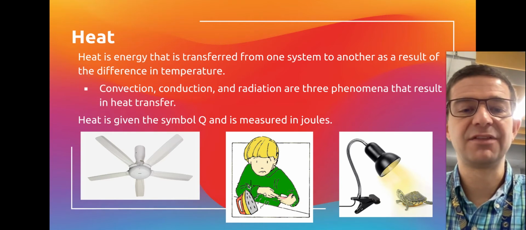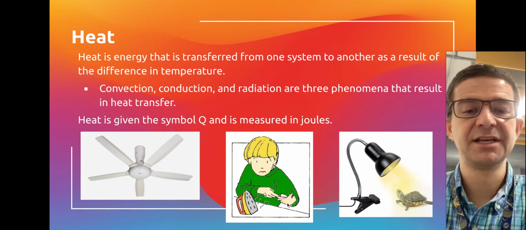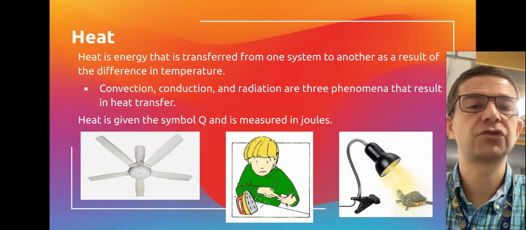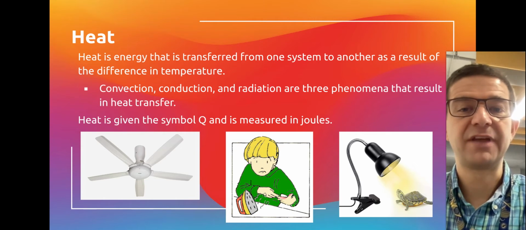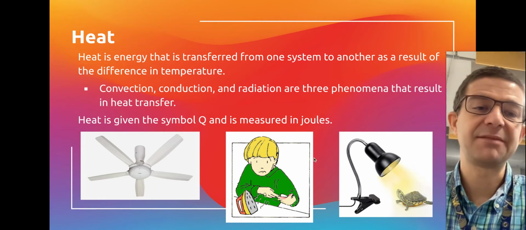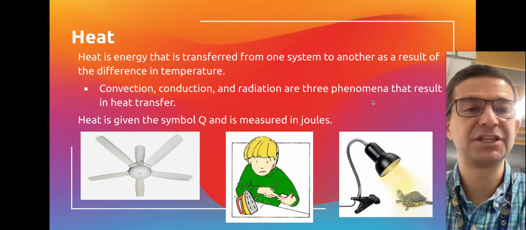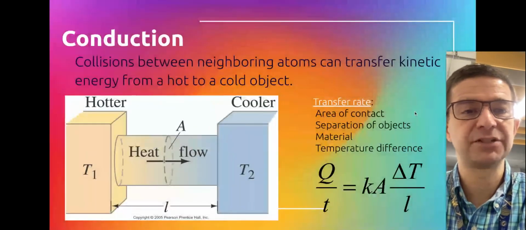So we would see the high temperature iron and the lower temperature hand, leading to a transfer of energy from the iron to the hand. And the same thing happens when you have mixing. The same thing happens when you have radiation. So heat, temperature, and internal energy.